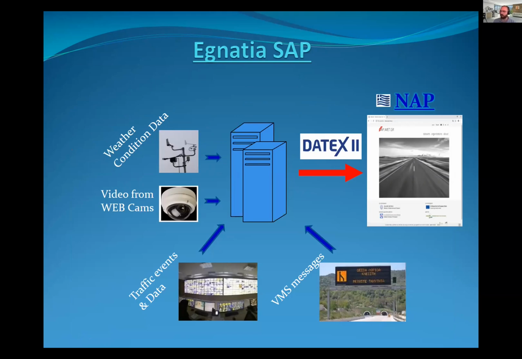This data consists of weather condition data from weather stations that are located on the road network of the operator, video from web cameras also located on the road network, traffic events and data that are retrieved from SCADA systems along the roadway, and lastly, VMS messages from the network as well.